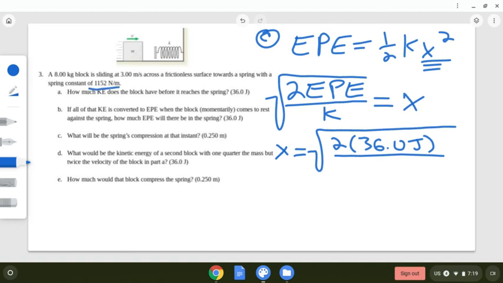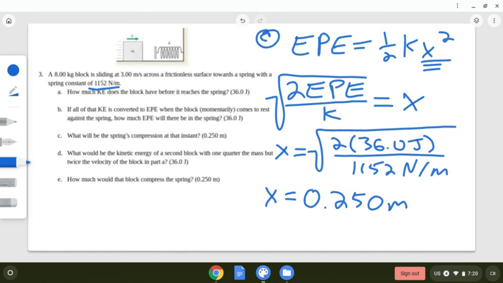That number right there, 1152. It shows that number very carefully to get a nice answer. Newtons per meter. Put that in the calculator, and what you'll end up with is x is equal to 0.250 meters. So a quarter of a meter.